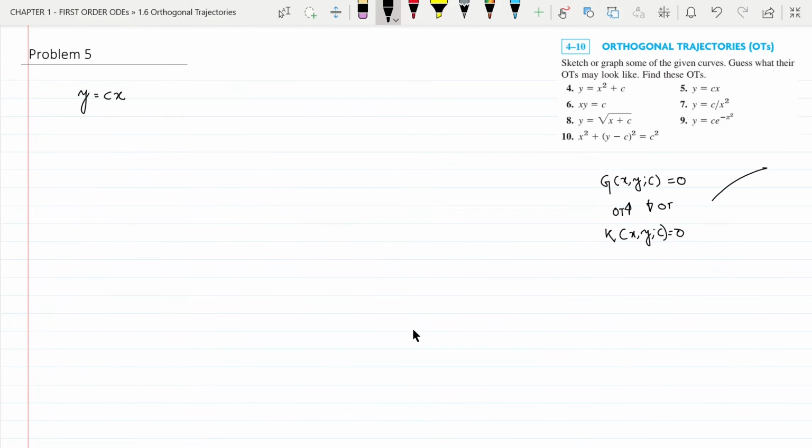Because for example, let us say one of the curves of g is like this, let us say g1, and one of the curves of k is like this, k1, then the tangent of g1 is perpendicular to the tangent of k1. That is the condition for orthogonal trajectories. Then in that case, reverse is also true. The tangent of k1 is also perpendicular to the tangent of g1.